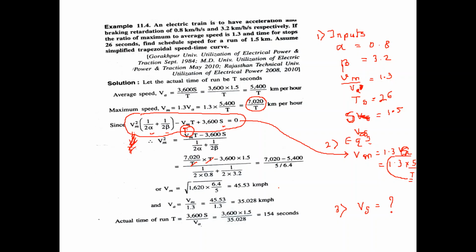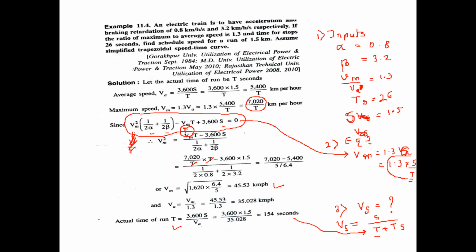Then we can find out this Vm. They found Vm first, then the average speed, and then the actual time. Now from the actual time, we know the scheduled speed is S divided by t plus stop time. Stop time is already given, 26 seconds, so once you get t as 154 seconds, we can use it here and find out the scheduled speed.